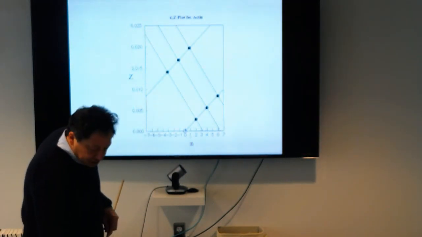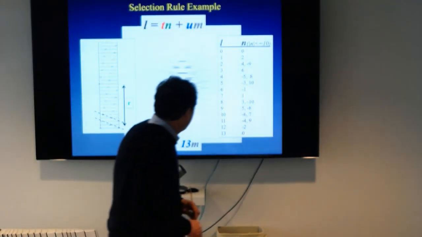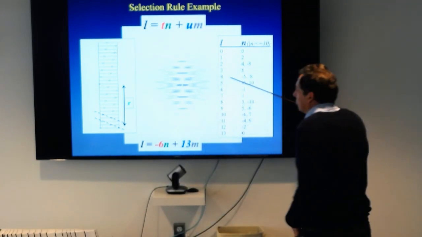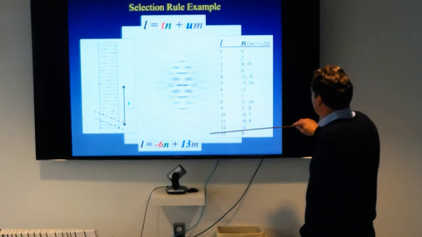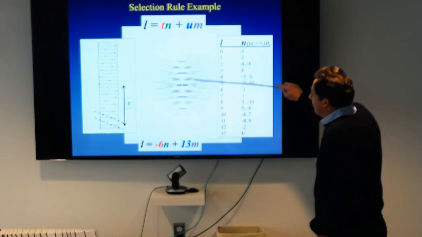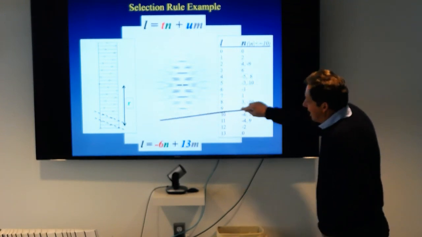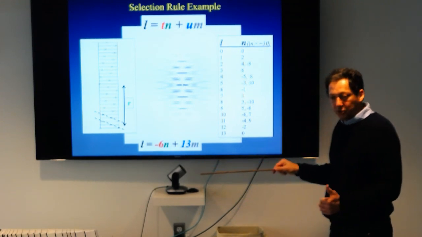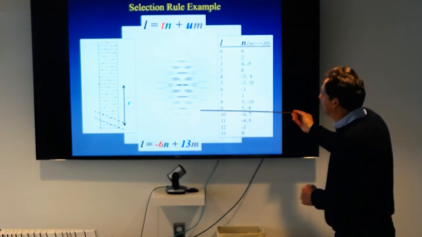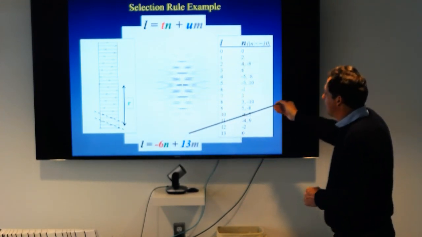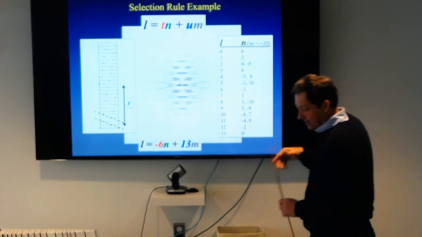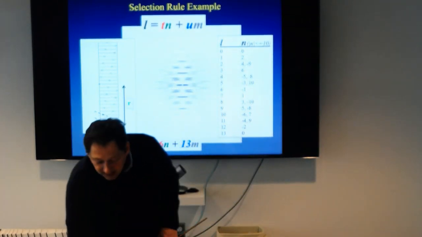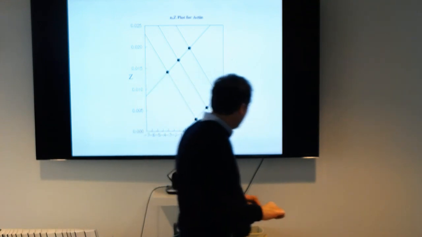The trick here, why that allows us to go back to the selection rule, is that I am giving you the selection rule to start with, but that's actually what we need to get. So, we have the diffraction pattern, and we think, well, how can we index this diffraction pattern?